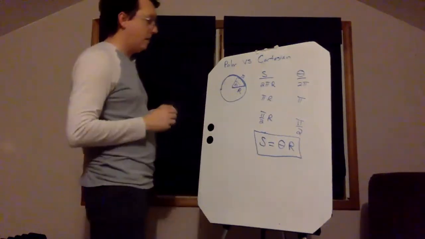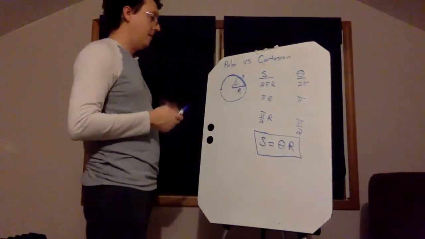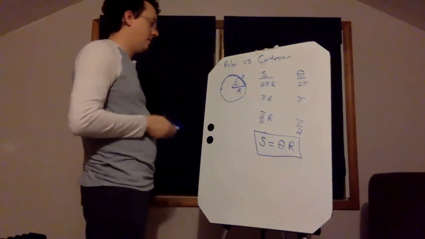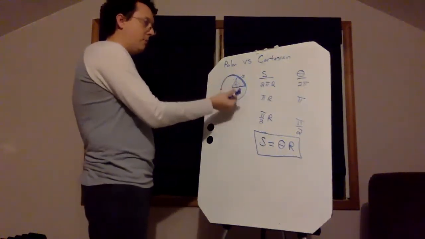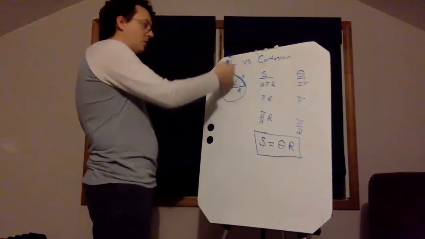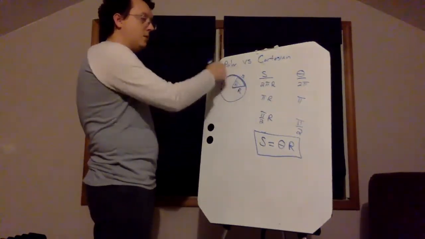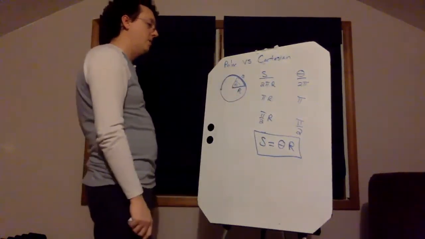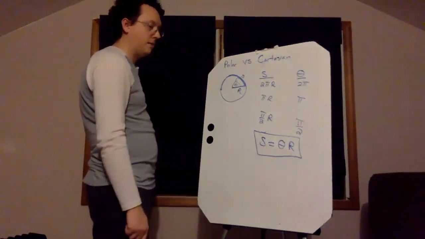Now, we can do calculus. Well, I can take a derivative of S with respect to time. So that would be the rate of change of position along the edge of the circle. Well, that's just going to give me the tangential velocity, the velocity as I go around. So the derivative of S with respect to time is going to be my tangential velocity.